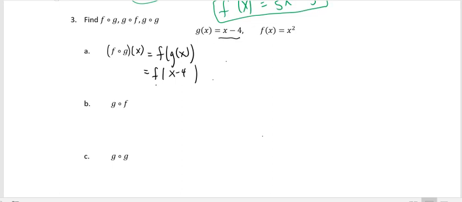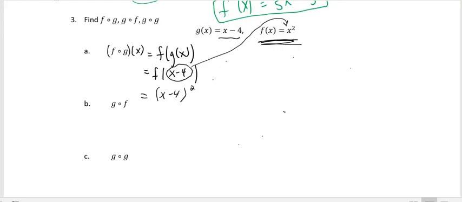So wherever you see an x, we're going to replace it with x minus 4. So this is going to be equal to, I have an x squared here, so I'm going to have x minus 4 squared. Why? Because I took everything that's in the parentheses here, and I substituted it in for x.